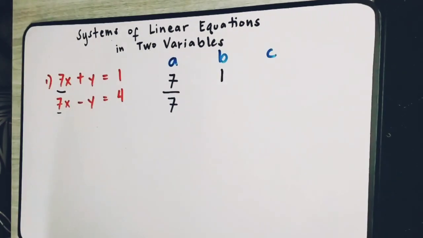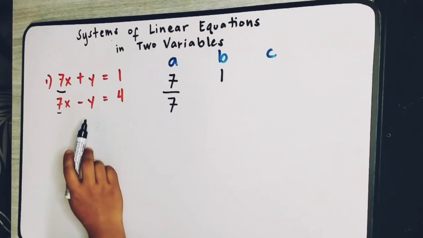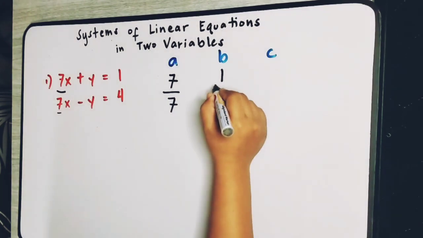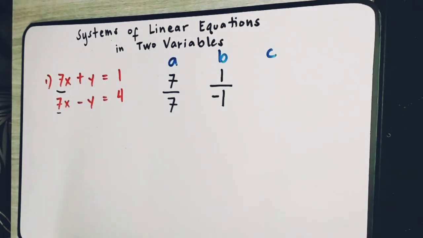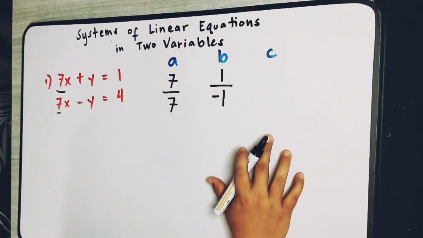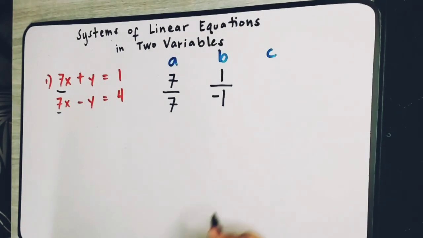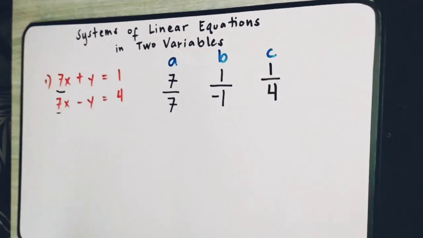And then in the second equation, the numerical coefficient of negative y is negative 1. So therefore, the ratio of B will be 1 over negative 1. Then for C constant, first constant is 1, then second is 4. So the ratio is 1 over 4 or 1/4.